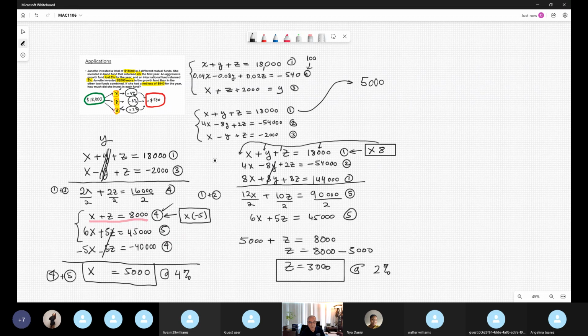You replace the corresponding plus y, z is 3,000. Should be 18,000. So this is 5,000 plus 3,000 is 8,000. Now subtracting, 18,000 minus 8,000 is obviously 10,000.